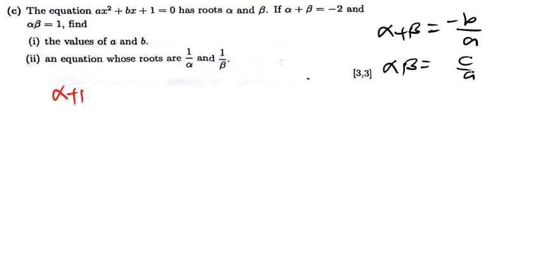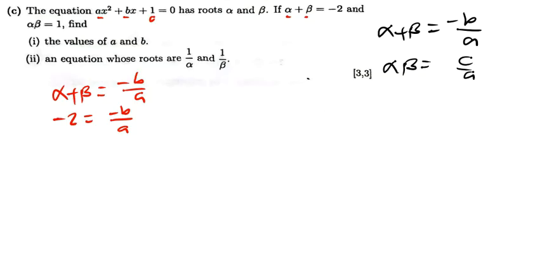Alpha plus beta is negative b over a. Now alpha plus beta, we've been told that alpha plus beta is negative 2, so put negative 2 here, being equal to negative b over a. So this is a, that is b, and that is c. We know that already.